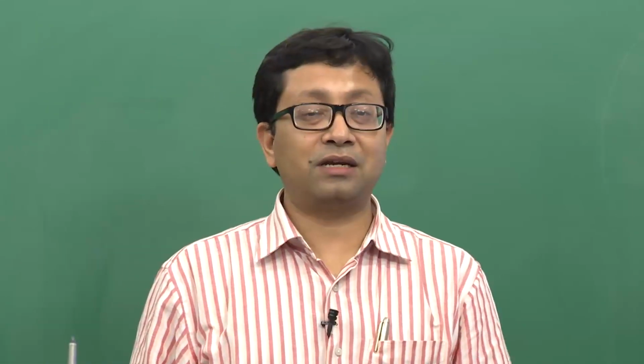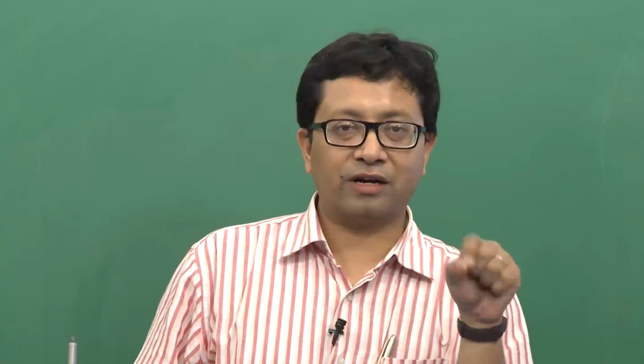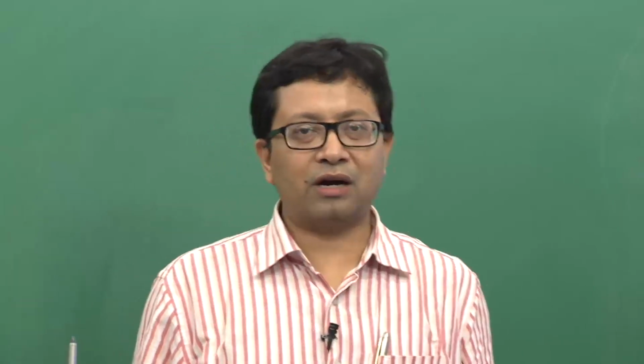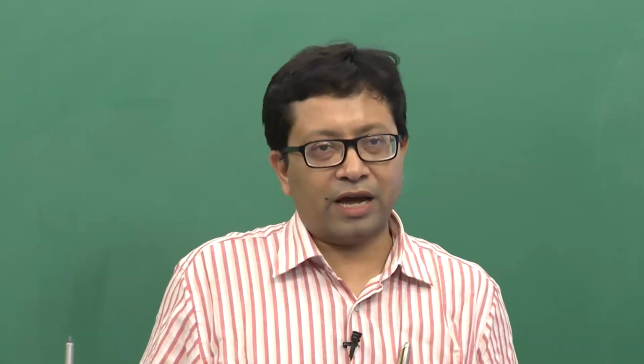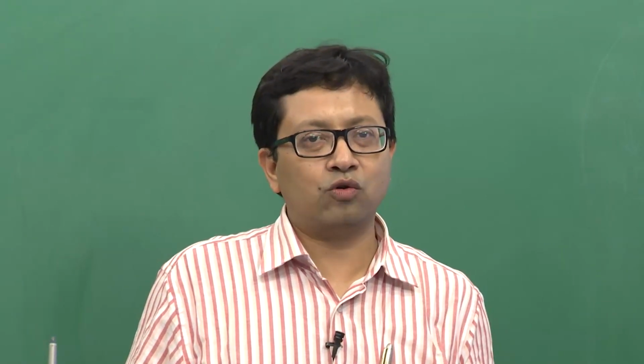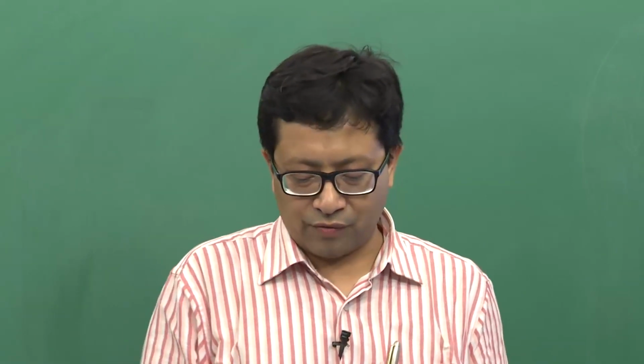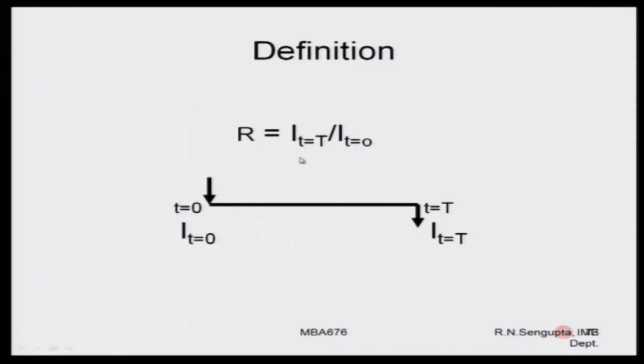R would be R0 or R1 depending on how you define it. Now if there are two different time frames, that means I0 for day 0, I1 for day 1 and I2 for day 2, the return for the first case would be I1 minus I0 divided by I0. So there would be two time frames, one from 0 to 1 and another from 1 to 2.